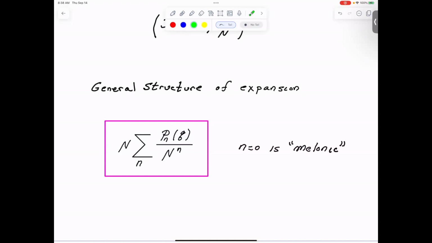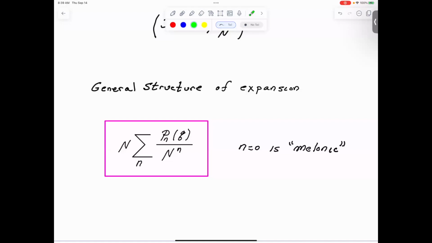That's not interesting. The interesting thing is that it's a sum over little n of terms which are 1 over capital N to the little n power times polynomials in Q. These are infinite polynomials in Q, which have just the form that I've written here.